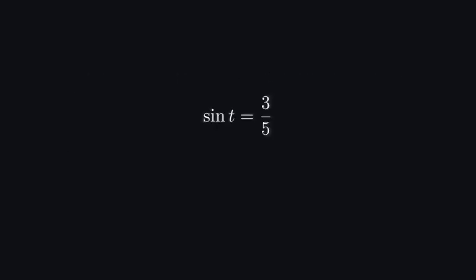Sine of t equals 3 over 5. Cosine of t equals 4 over 5.